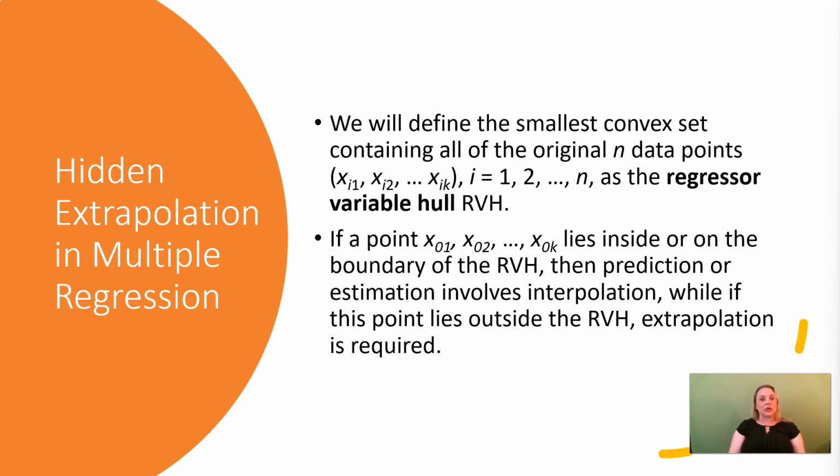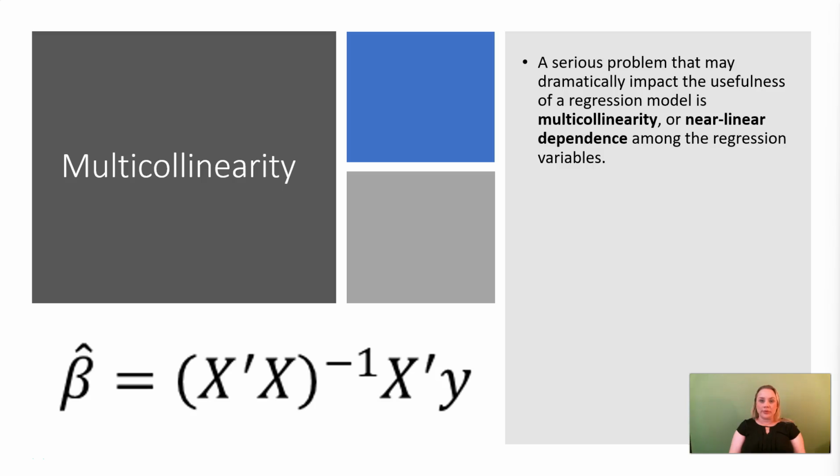And so we're going to define the smallest convex set containing all the original data points as the regressor variable hull, RVH. And if at any point one of our points lies inside or on the boundary of this, then the prediction or estimation is going to involve a certain amount of interpolation. Well, if the point is outside of this, extrapolation is something that we're going to have to do. We're going to have to kind of figure out what the relationship is outside those bounds.